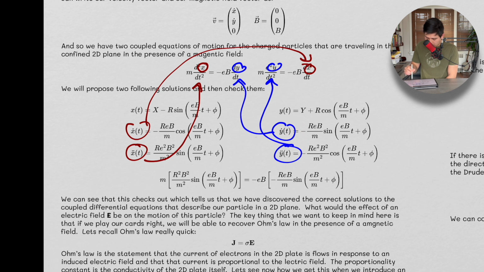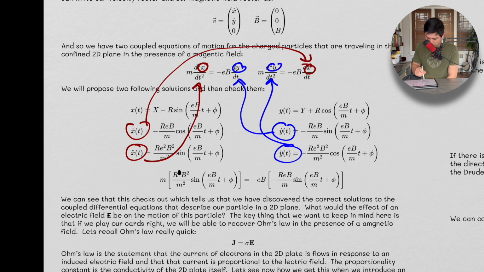And so here's our E times B, R, EB over M, and then this guy here we said was this one right here. We have this R, this should not be squared, because that's just R. And so we have this M times all of this, which is right here.